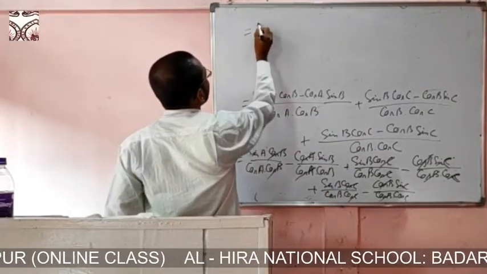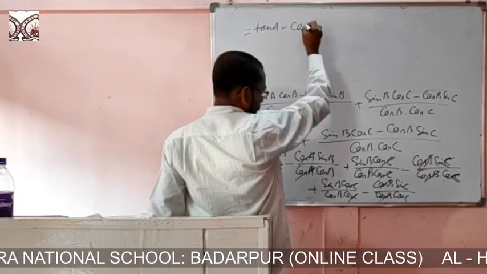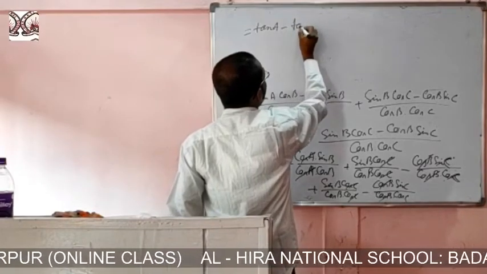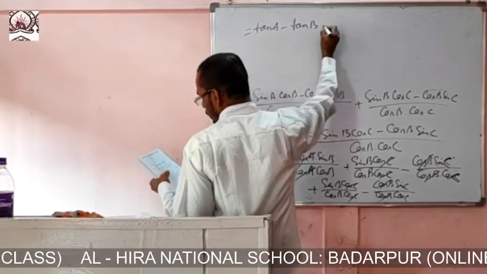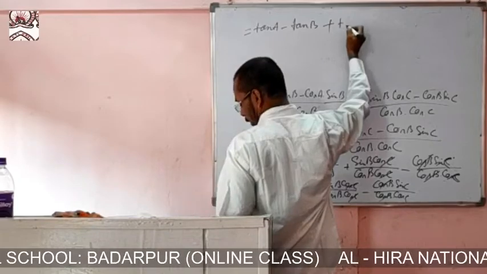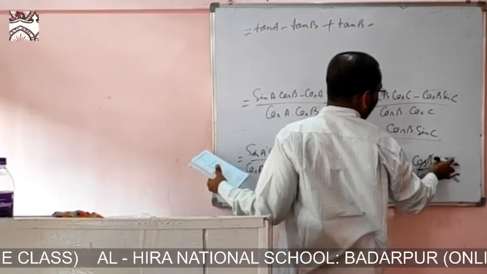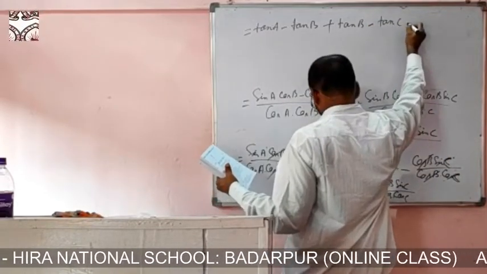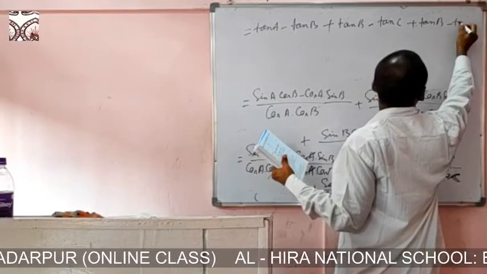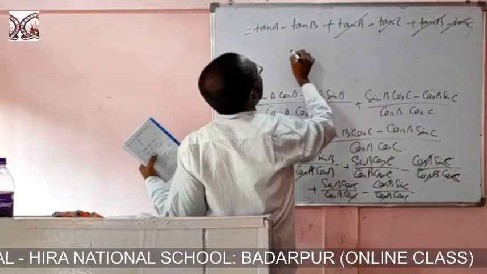So sin A by cos A is tan A, and then minus sin B by cos B is tan B. So tan A minus tan B, plus again sin B by cos B, that is tan B, minus sin C by cos C, this is tan C, and then plus tan C minus tan A.